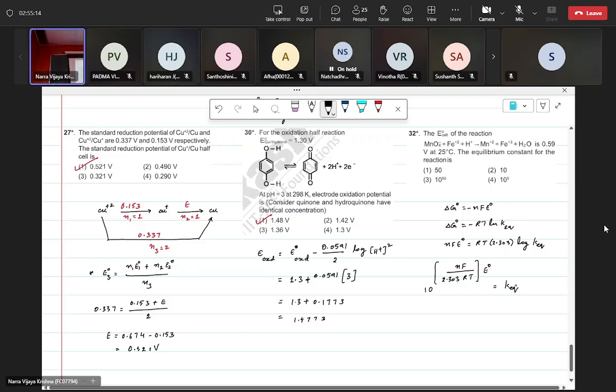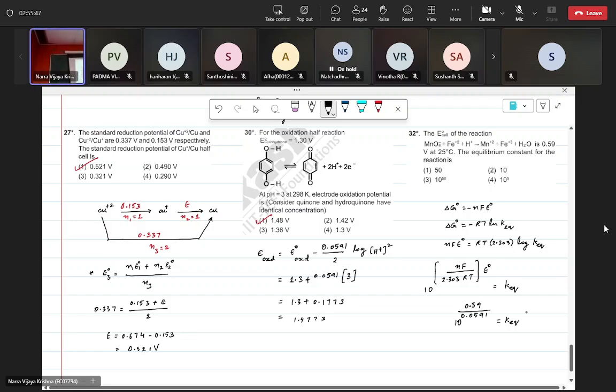2.303 RT by NF is 0.0591, so it is the reciprocal of it, right? So 10 power, what is E naught? 0.59 divided by 0.0591. Correct?